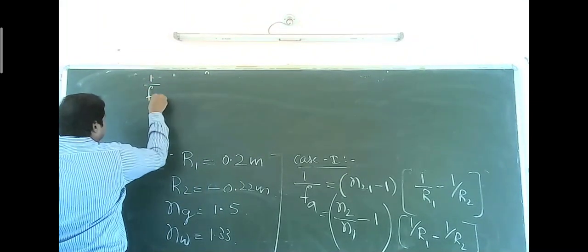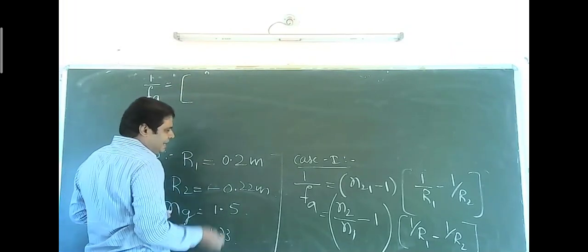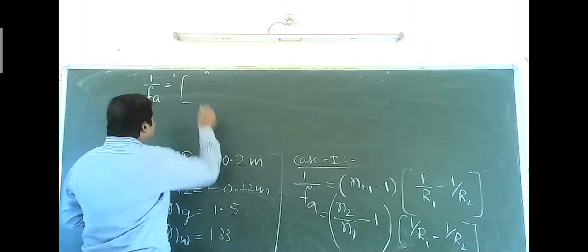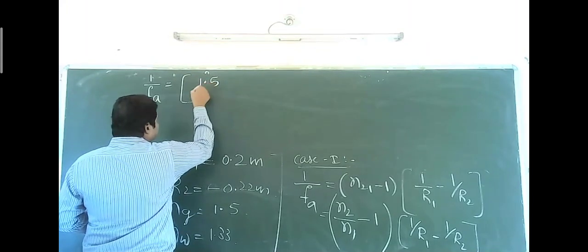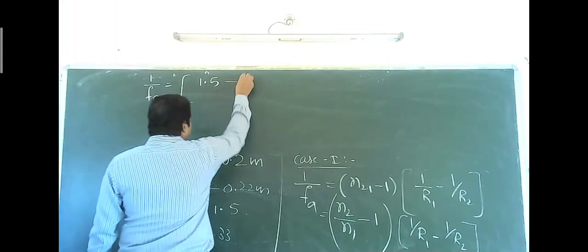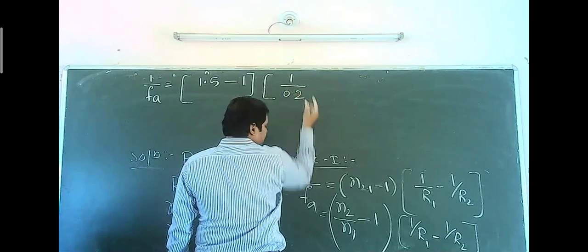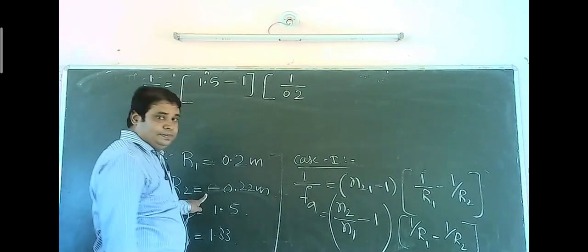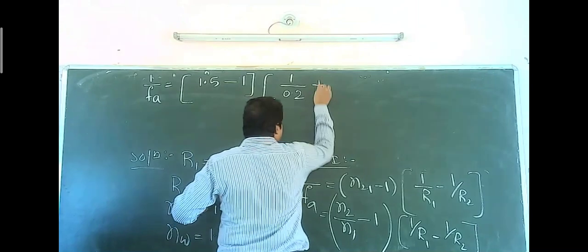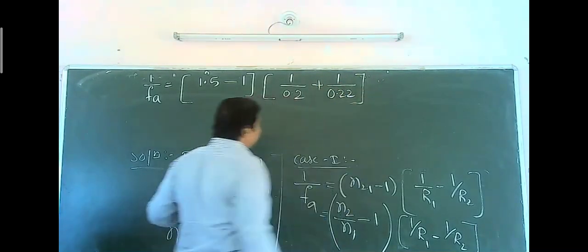1 by f in air: n2 is the refractive index of glass. The second medium is glass, the first medium is air. So 1.5 divided by the refractive index of air, which is 1, minus 1, multiplied by 1 divided by 0.2. Here we have a minus, so I will write it as plus 1 divided by 0.22.